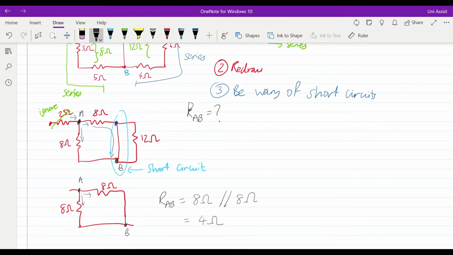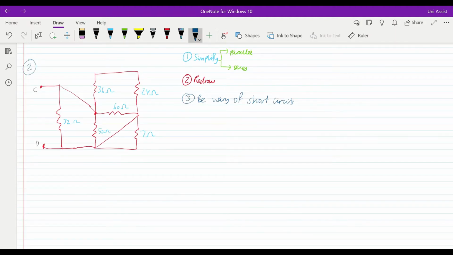If you want to do the math, it's just equal to the inverse of 1 on 8 plus 1 on 8, which is equal to the inverse of 2 over 8, which is 4. That's the first question done. On to our second question.